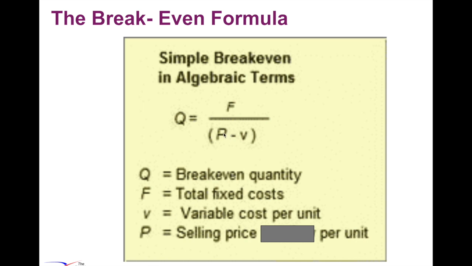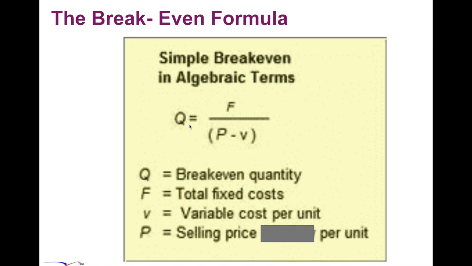Because whatever money is left over after paying your variable cost goes to paying back your fixed cost. And eventually that leftover money will pay back that fixed cost. And so the division just tells us how many units we need to sell in order for that to happen.